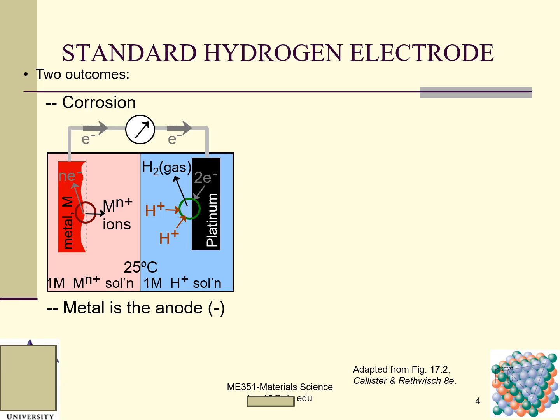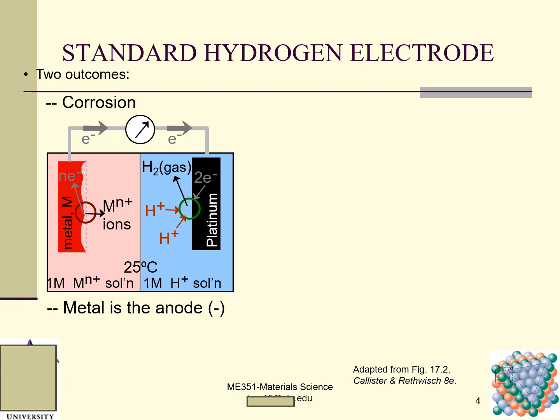You can see at the very beginning this is the metal, and as time goes on, these metal atoms become ions, and these ions dissolve in the solution. So this bulk material becomes less and less.